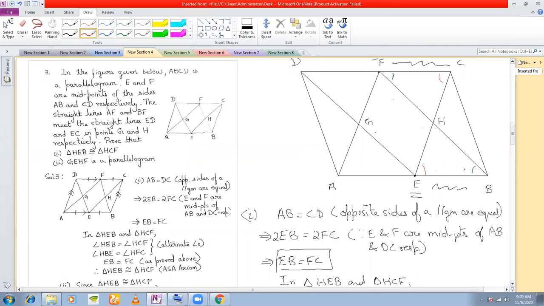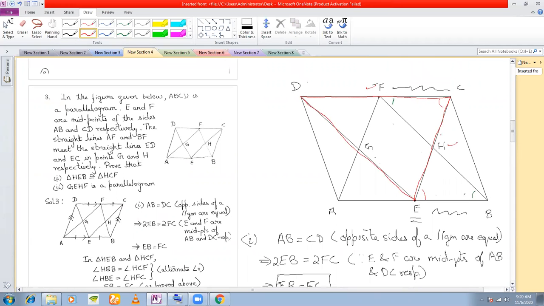Look at this triangle first. You know that F is the midpoint, right? Of which side? DC. Is H the midpoint of EC?